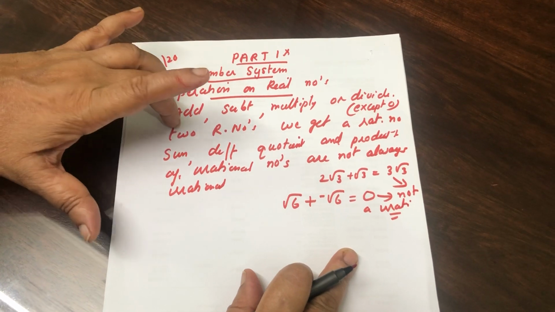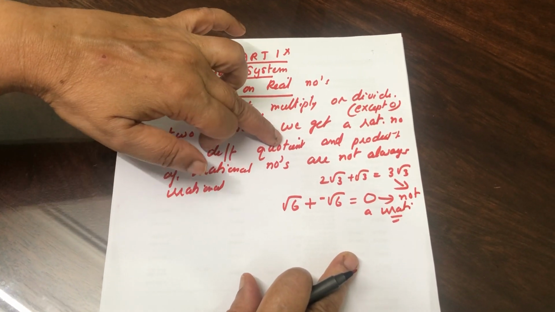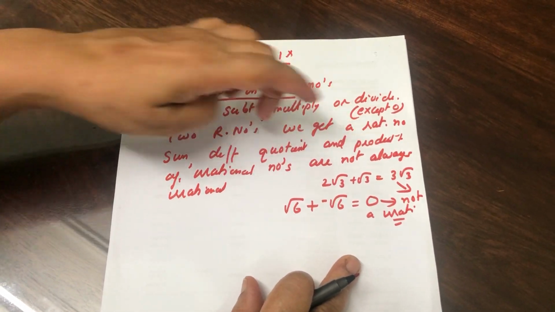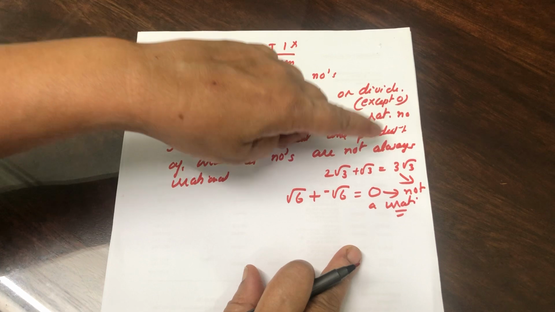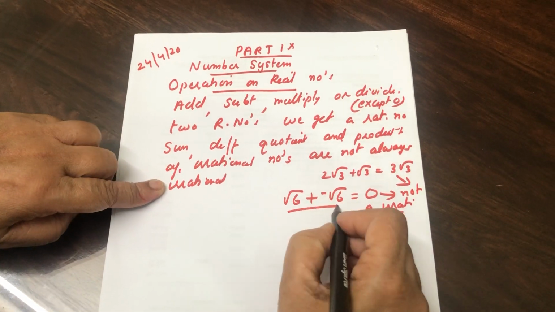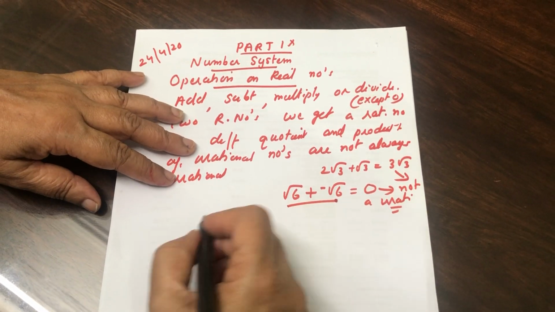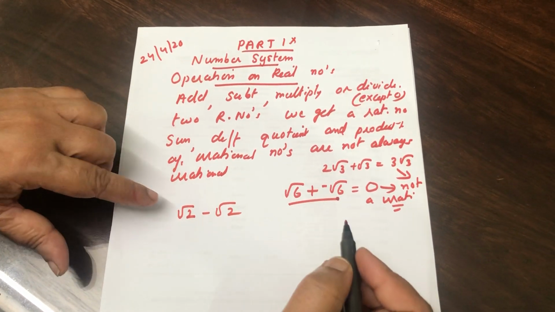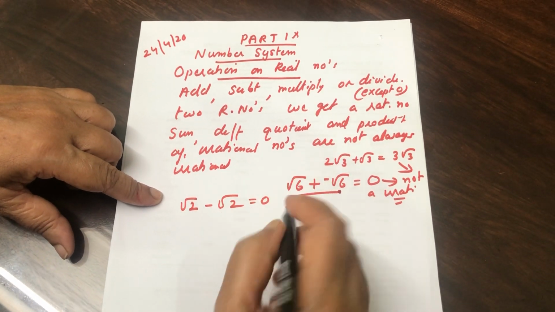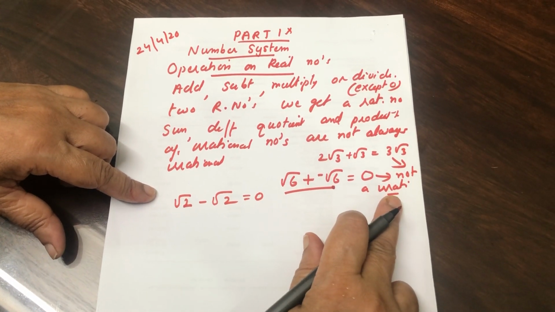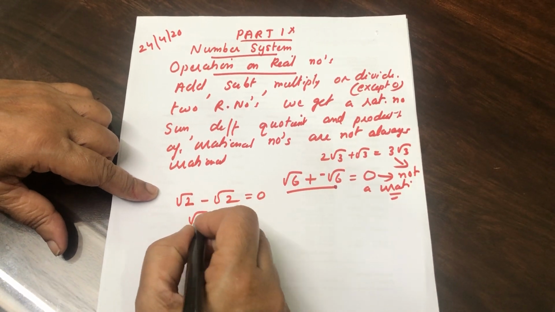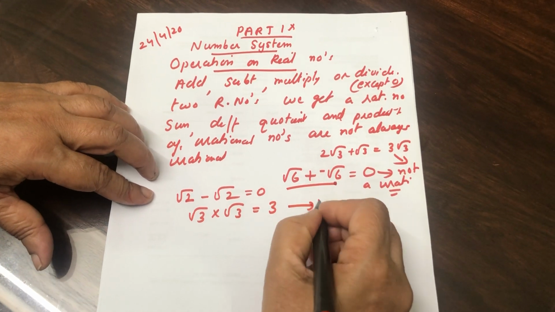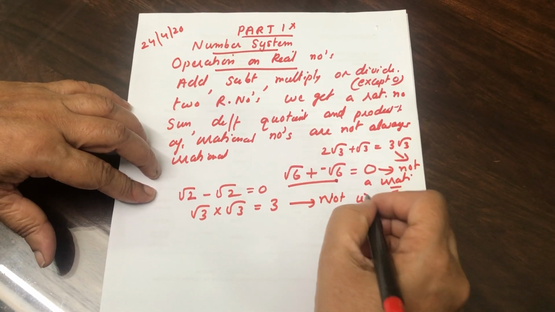The sum, difference, quotient and product, that is sum, difference, division and multiplication of irrational numbers, are not always irrational numbers. I have shown one addition here. Now you can take the difference. Suppose you take root 2 minus root 2. That is 0, which is not an irrational number. Then you take root 3 into root 3. Root 3 into root 3 is 3. This is also not an irrational number.